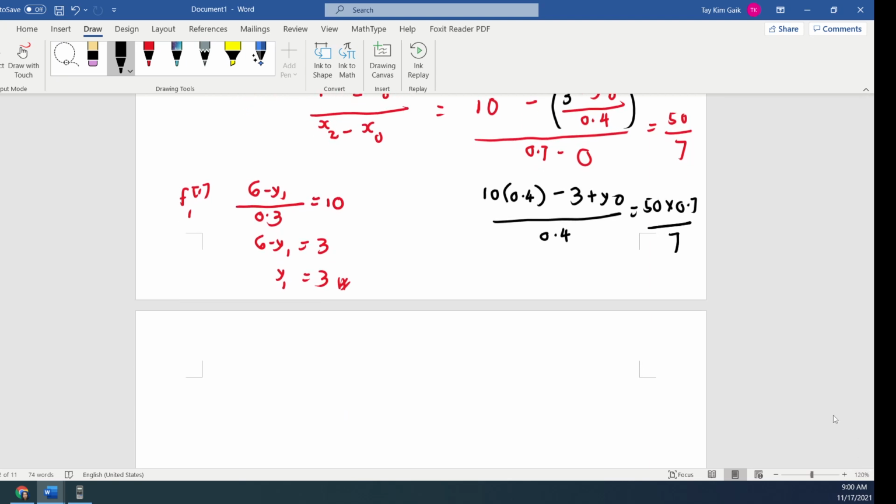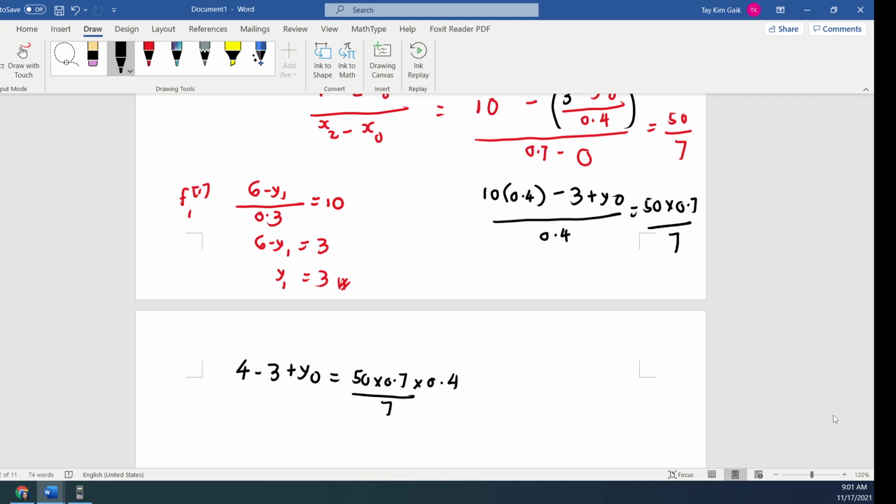Now you can solve for y naught. 10 times 0.4 you have 4, minus 3 plus y naught, equals 50 times 0.7 divided by 7 times 0.4.